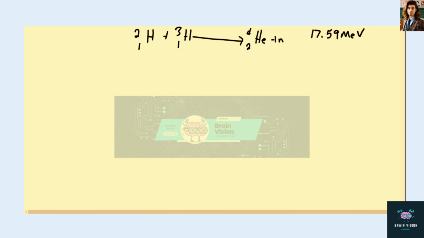Okay, and so with this, we can just find the energy released, and that's going to be M of H plus M of H, minus M of He, where H is hydrogen, by the way, minus M of neutron, times C squared.